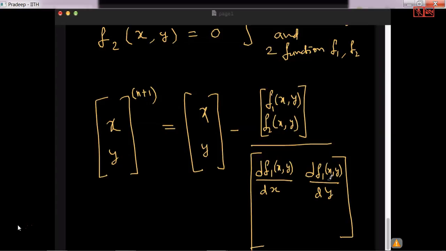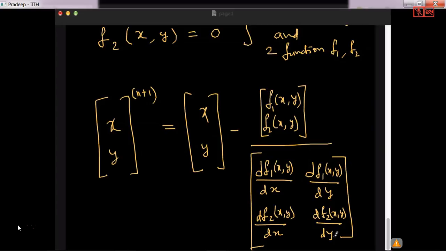Here you will take y as a variable, x as a constant, again differentiate the function. Now I have another function, so partial derivative of f2 of x comma y with respect to x, and with respect to y. So like this.